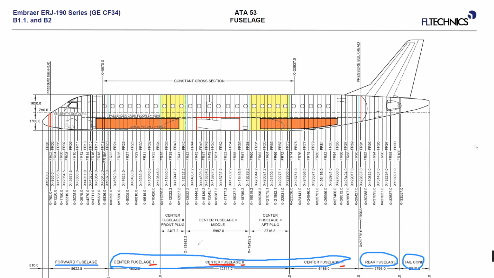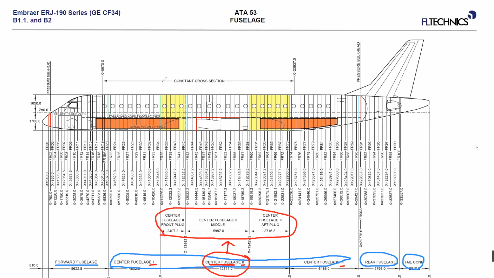In addition, only for Embraer 195, center fuselage 2 is divided into 3 additional sections. So it looks confusing, but it's actually very simple.